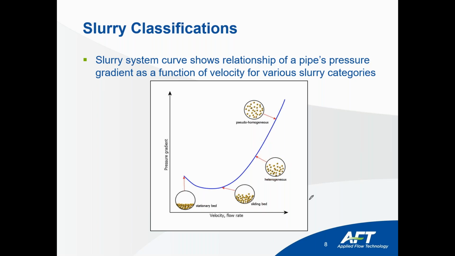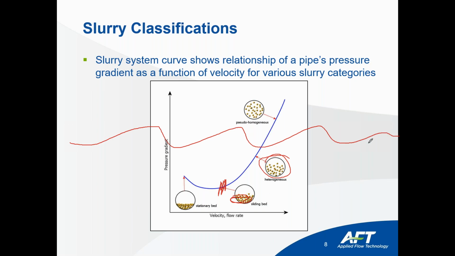And then finally, we have the sliding bed category. The sliding bed category is where your velocities are not high enough to maintain continuous flow, and your solids will be picked up at one point of the pipeline and then dropped at another point, and then they'll just keep edging along the pipeline over time. So that's the sliding bed category.